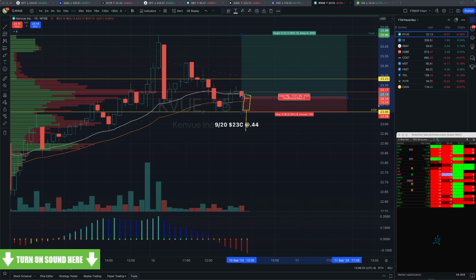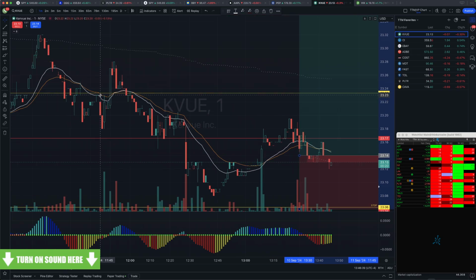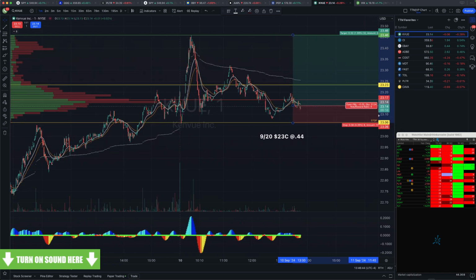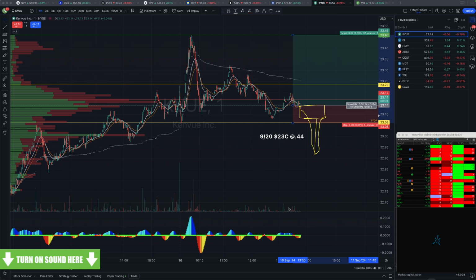But on a 1-minute chart, it'll look awful. The thing will go like this, like this, like this, and then it'll come up like this, like this. Now that's 15 bars, but it's one 15-minute candle. Does that make sense?